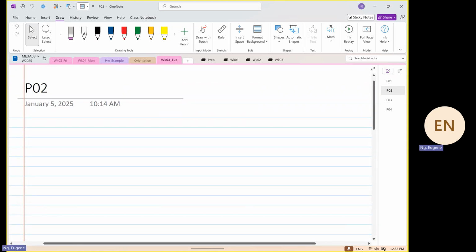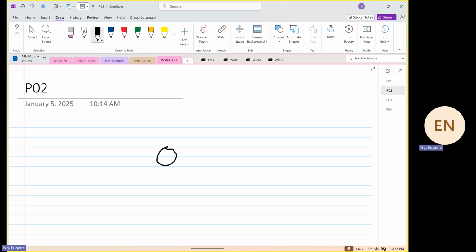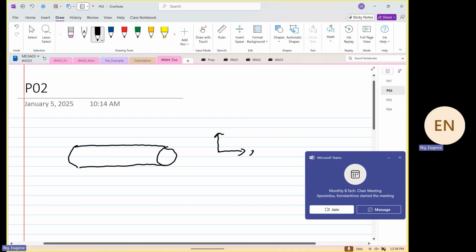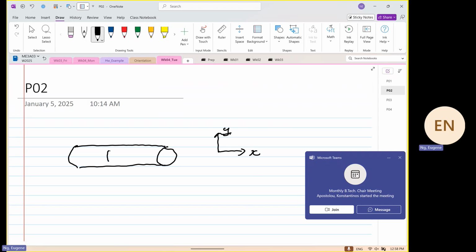What we are going to do is, this is your chalk, and this is your Y direction, and this is your X direction. What I want you to do is to use your pen to draw an element on your chalk. So now I'm going to draw an element on my chalk.